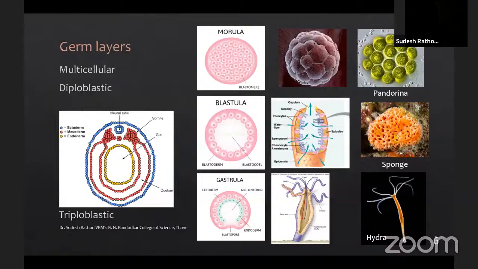In the next stage, blastula, you'll find it is a single layered organism. And what is the resembling example? The resembling example is nothing but the sponge. Sponge is an extremely primitive multicellular organism. These are unable to move even.